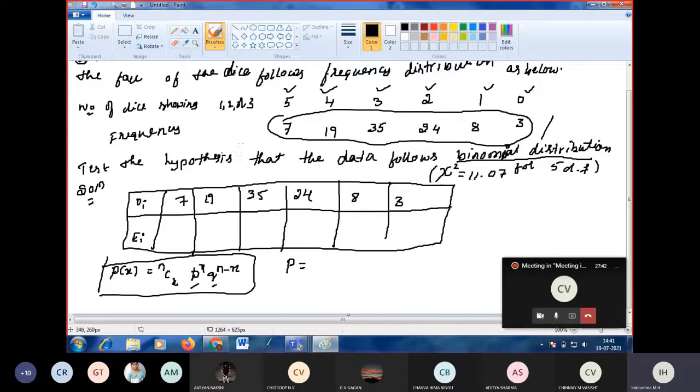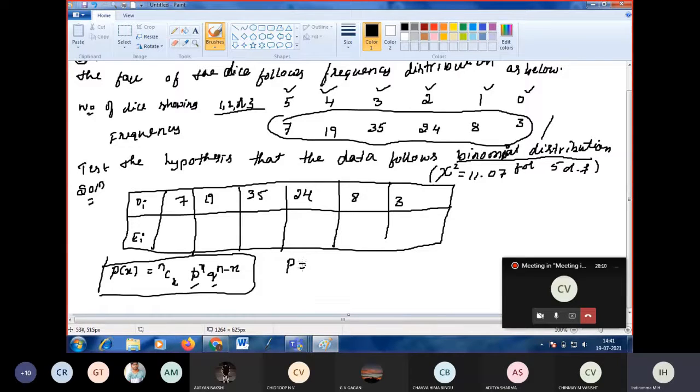So we have three possibilities, right? 1, 2 or 3. If you throw a single die, we have to find the probability for a single die, then generalize for the 5 dice. It is the same probability, the chances are the same if you throw 5 dice also.